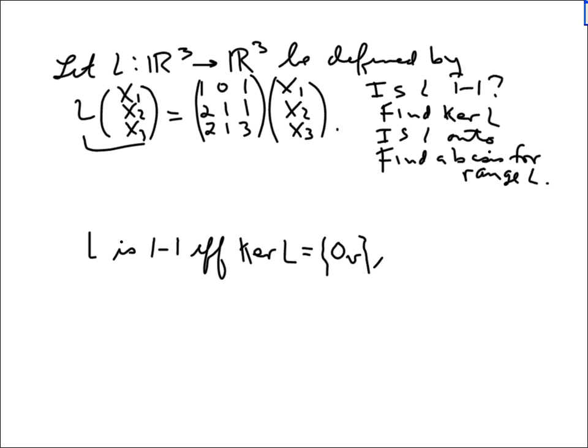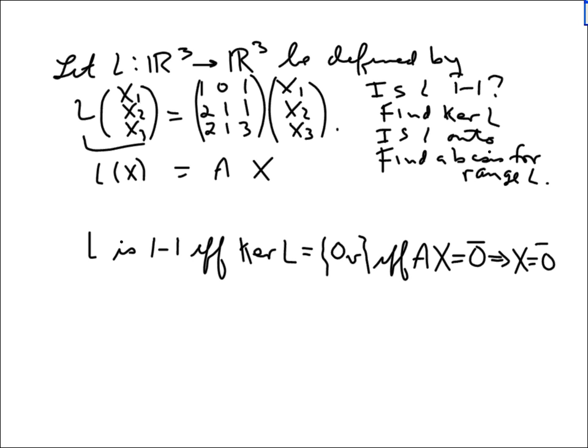But to get the zero vector, if and only if AX equals 0 implies that X is 0. Remember, L of X is the same as A times X. So if I want to know when this equals 0, that means I want to know when this equals 0.